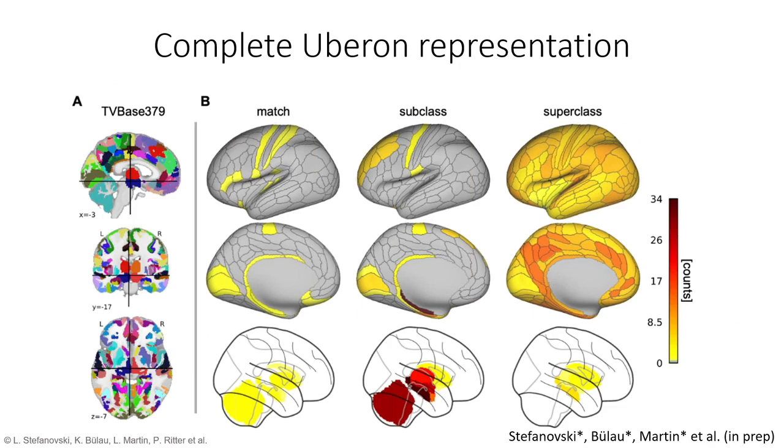And there we can see that with these terms defined in the HUBERON ontology, which is an anatomical ontology, we have a complete representation of the brain, with at least one superclass defining each area of the parcellation. There are more subclasses of the HUBERON terms, especially in the subcortical areas, because we used a rather broad parcellation of the subcortical areas, so only the hippocampus, the thalamus and the cerebellum, for example.